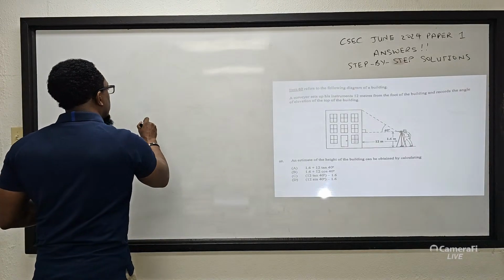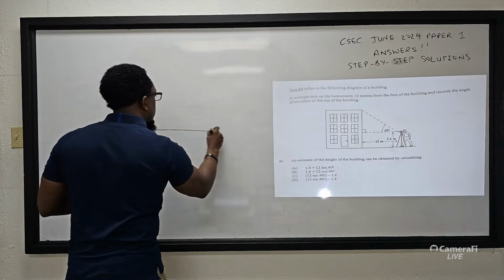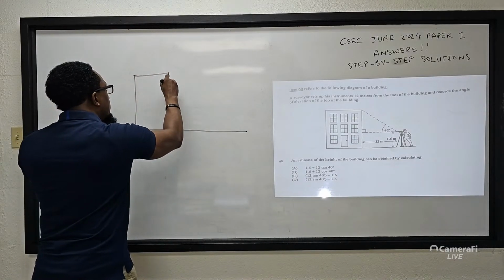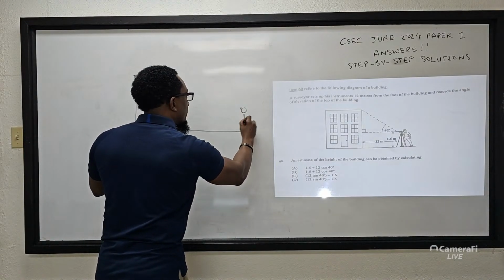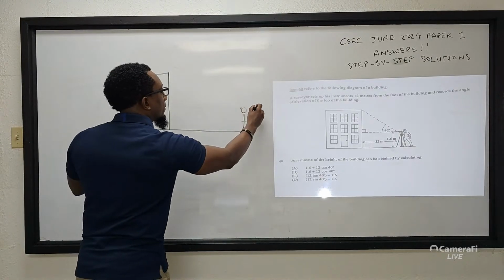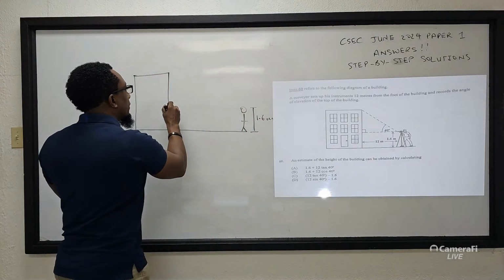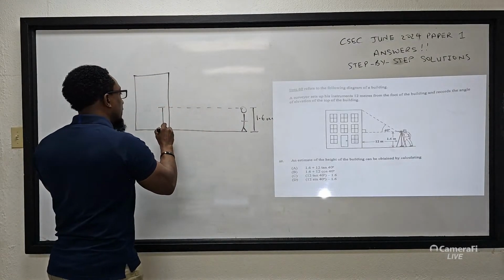So, I'll have here my horizontal line. I have my building. I have my surveyor. I have the height of the surveyor, 1.6 meters. This is also 1.6 meters.